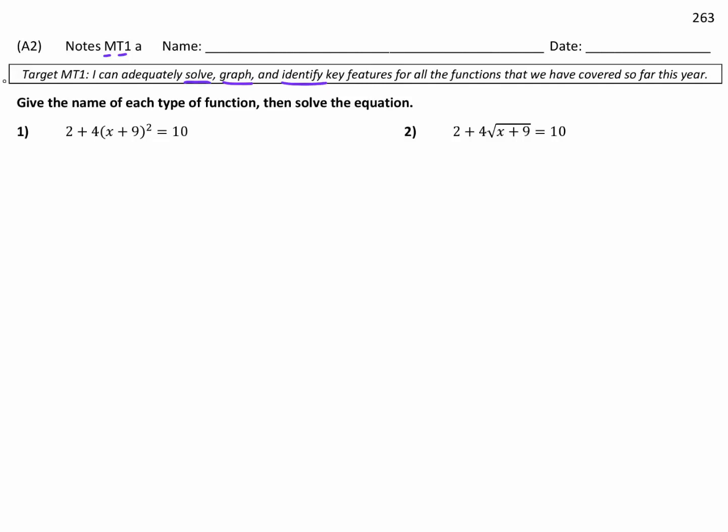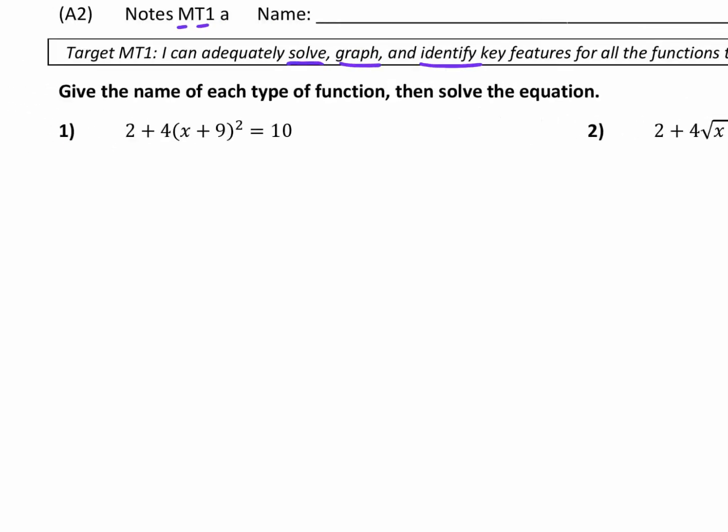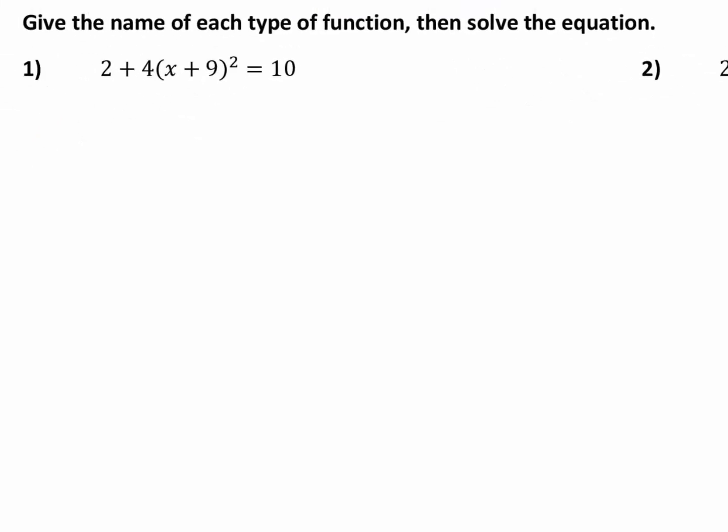If we look at the first few questions here, the first side of the notes, it says, give the name of each type of function, then solve the equation. So if we go ahead and start with number 1. Let me zoom in here. We have 2 plus 4 in front of this group x plus 9 all squared, and we're equal to 10.